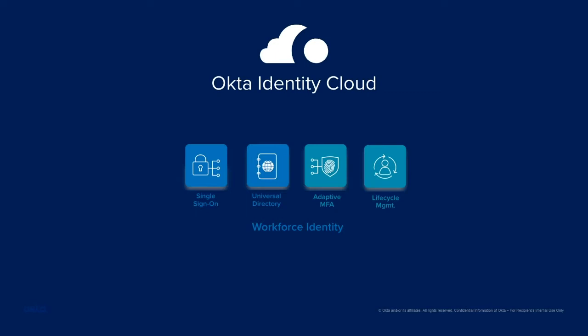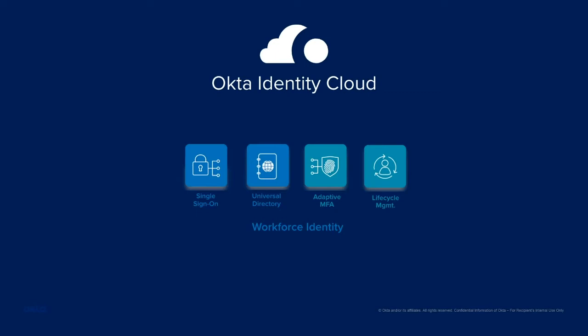These 4 pillars, as I mentioned earlier, consist of single sign-on, the ability to get rid of those credentials and move across to more secure authentication protocols such as SAML or WS Federation, all of which is made possible by that universal directory, which will determine the access that your employees, or maybe even your customers or partners, have within your organization, allowing you to have one unified identity across all of those different directories and your applications. And then, of course, the lifecycle management part, ensuring that we can provision the correct access for your employees during the whole JML process.